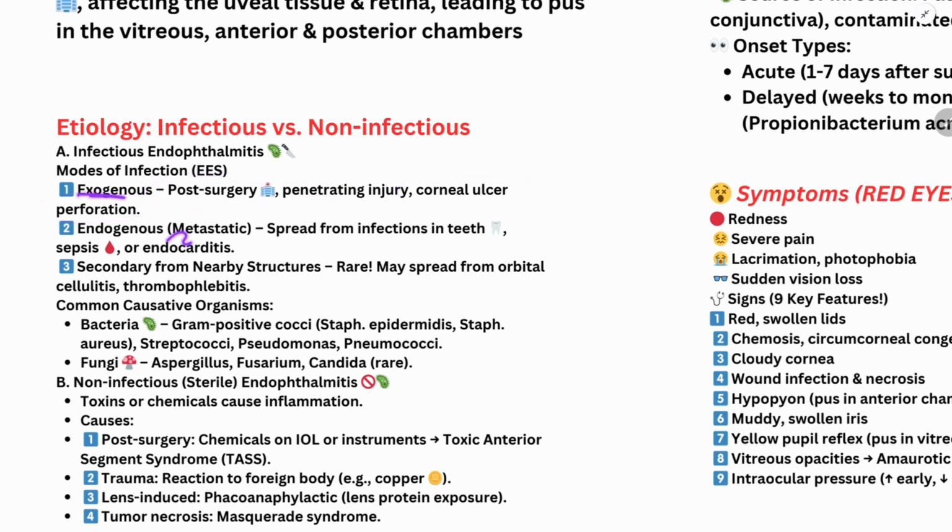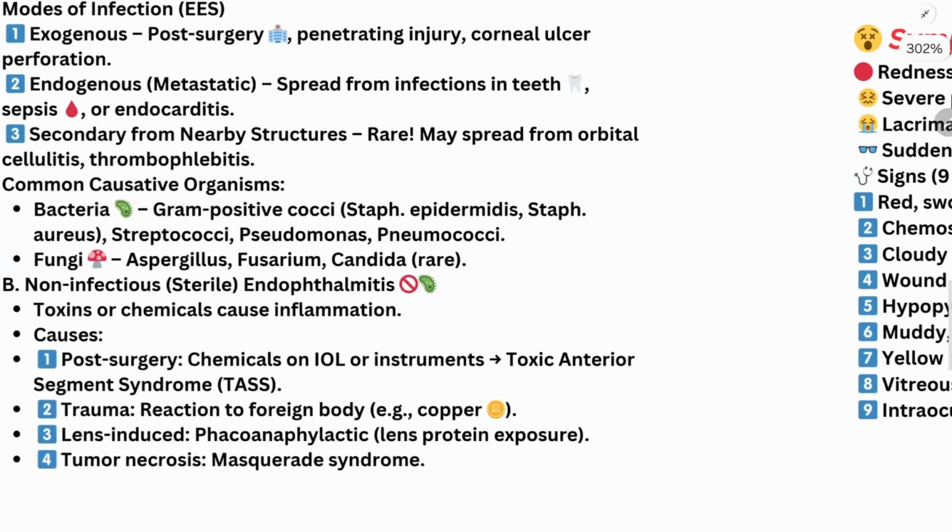In endogenous, which are due to metastatic, like spread from infection in teeth, sepsis, or endocarditis. And in secondary, they will come from nearby structures, which is very rare but may spread from orbital cellulitis and thrombophlebitis.